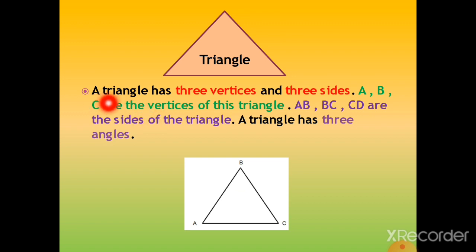Triangle. A triangle has 3 vertices and 3 sides. This is vertex A, B, C. AB, BC, AC are the sides of the triangle. It should be AC and not CD.